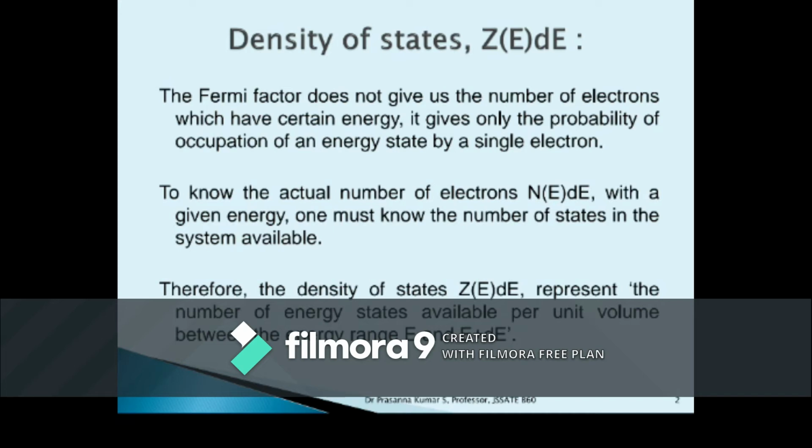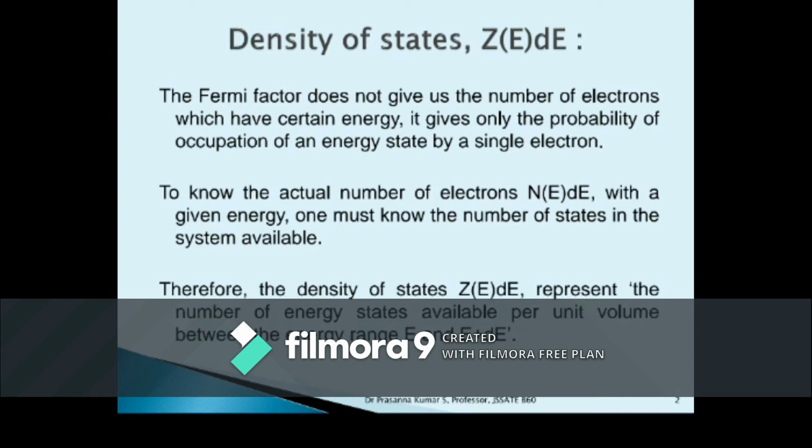On that particular day, let us assume I see only 40 students present. It means the other 10 benches are empty and unoccupied. Whether a bench is occupied or not is decided by the density of states Z of E, that is given by the Fermi factor.